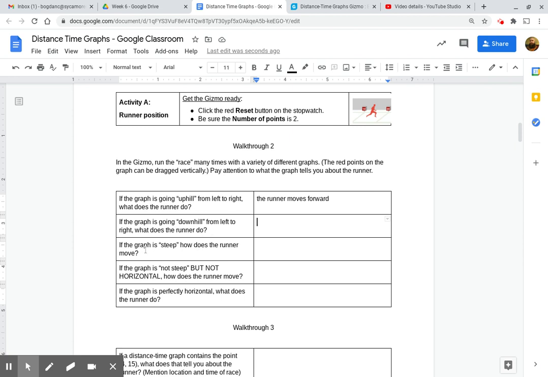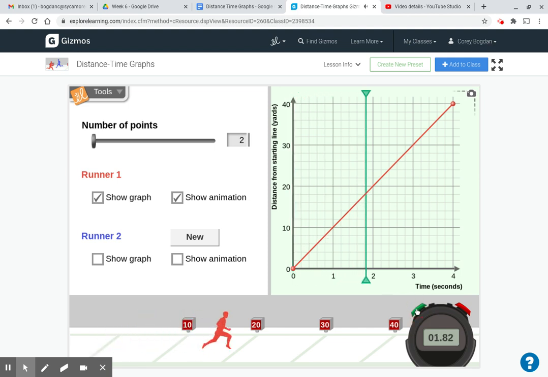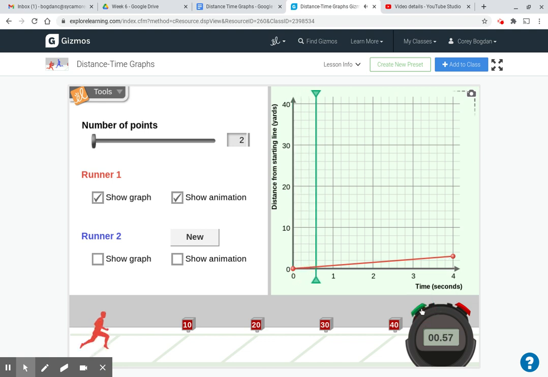Okay. If the graph is steep, how does the runner move? So let's go back. When the runner has a steep hill, let's click reset, or steep red line. When we click play, the runner moves at a pretty decent speed. When I have a not very steep line, a whole lot slower.